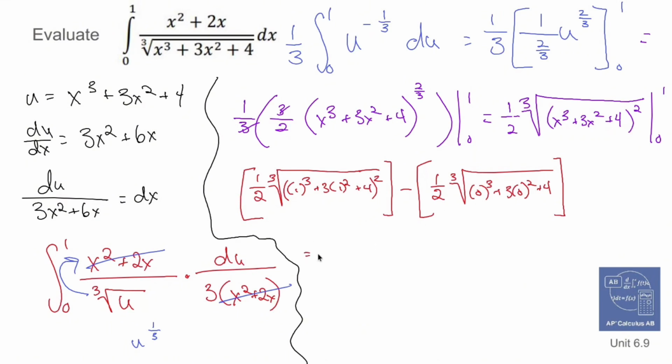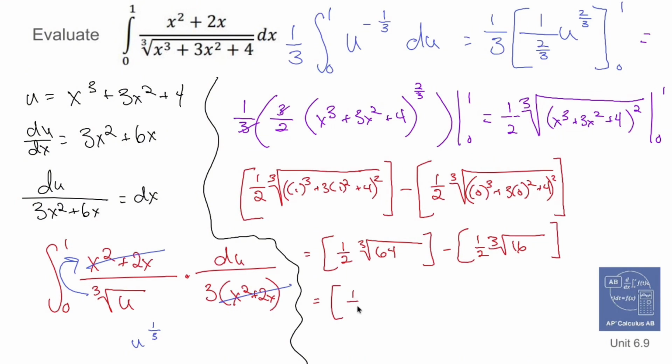So you become 1/2 times the cube root. 1 plus 3 plus 4 is 8, so the cube root of 64 minus 1/2 the cube root of, another mistake was almost made, 0, 0, and 4. 4 squared is a fun game, but it's also 16.